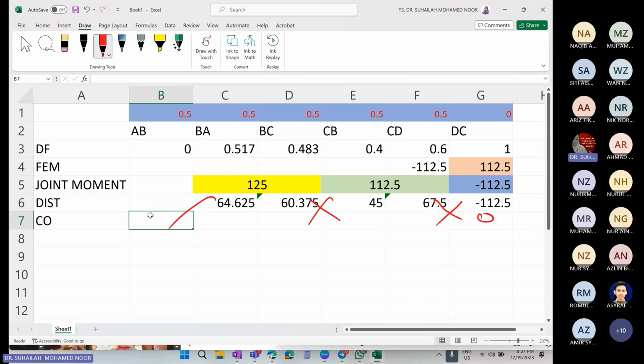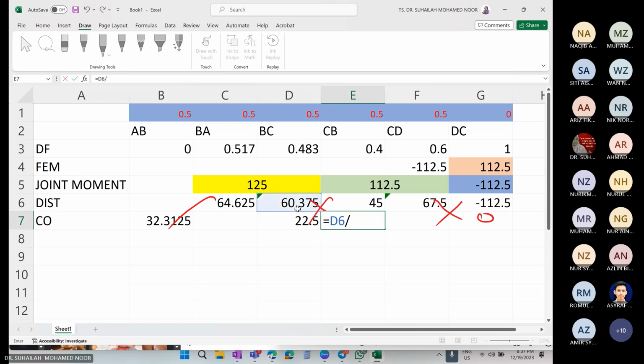So, for the carry over from B to A, it is 64.625. We divide by 2. It is 0.5. Okay? So, next. This one, we divide by 2. This one, we divide this by 2. Okay, this one we get from D to C. We divide by 2.